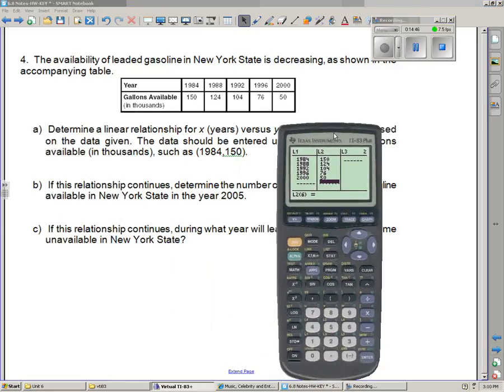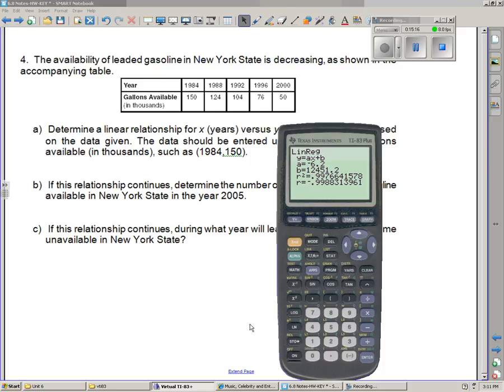Determine the linear relationship for X years versus Y gallons based on the data given. The data should be entered using the year and the gallons available in thousands. So we've done that already. We're now going to go back to our stat calc 4, enter, and here's what we get. Y equals negative 6.2x plus 12,451.2.